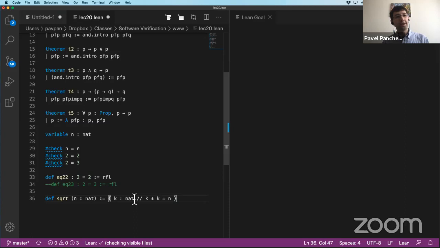And so here what I've written down is a data structure that combines a natural number with a proof. The natural number is k, and the proof is that k is in fact the square root of n. So we'll be getting back to actually implementing the square root in a moment. Maybe I should call it square root of. But this is defining a type that we would ideally like our square root function to return.